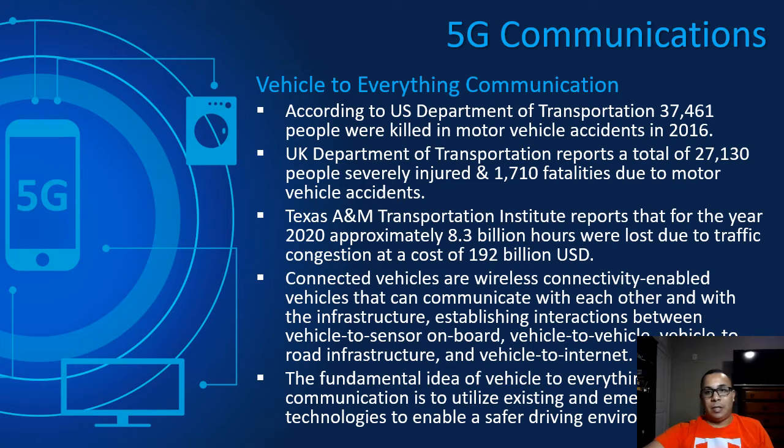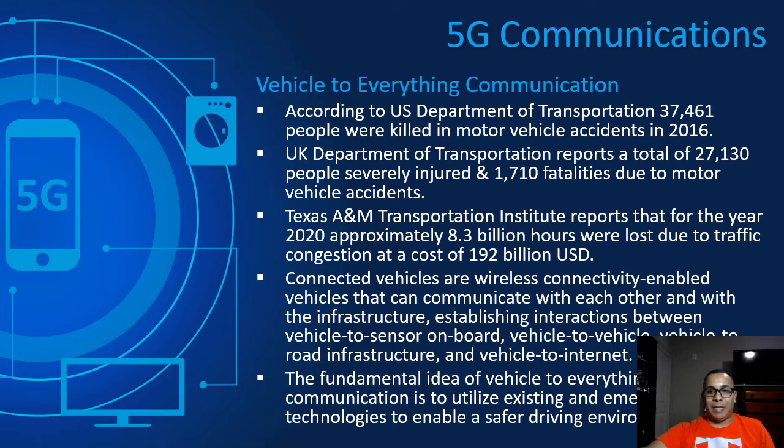On this slide, we can see some background information as to why we want vehicles to communicate with each other, and this is largely to avoid car accidents, or in simpler words, for safety reasons, to improve safety on the roads.